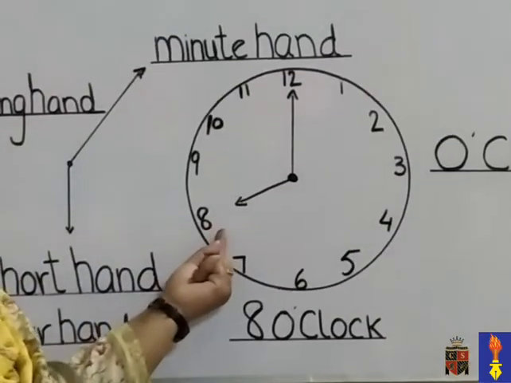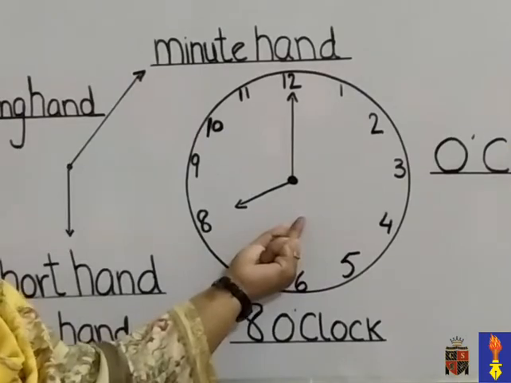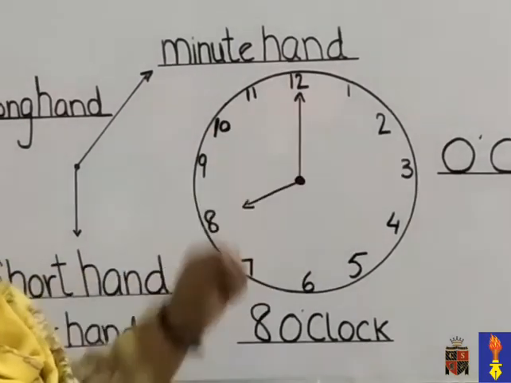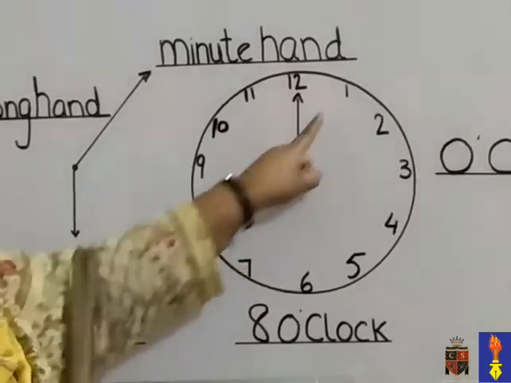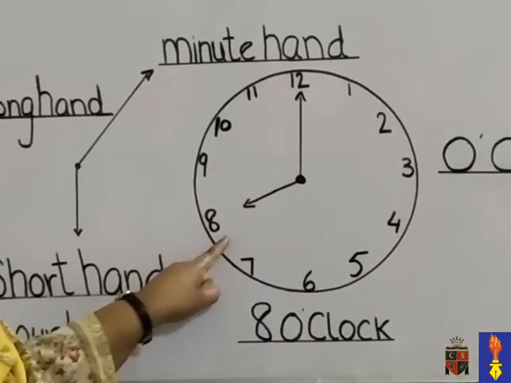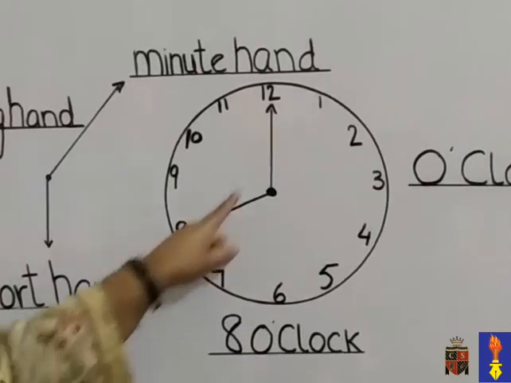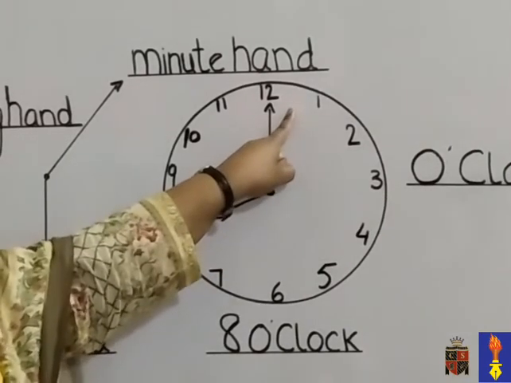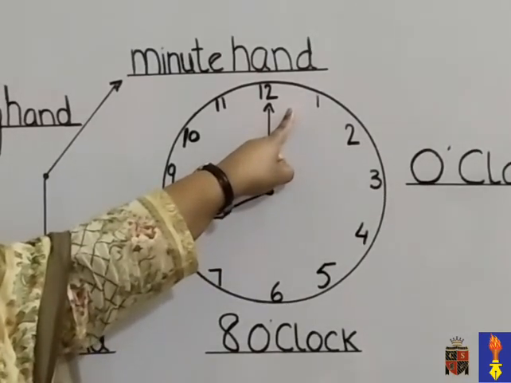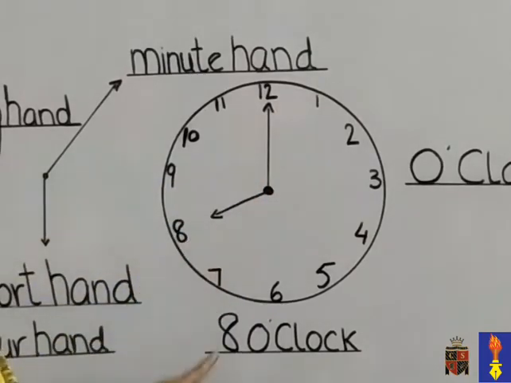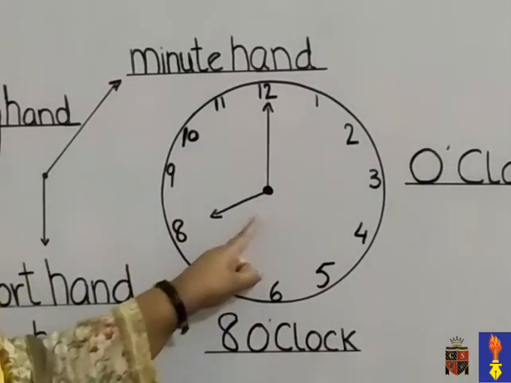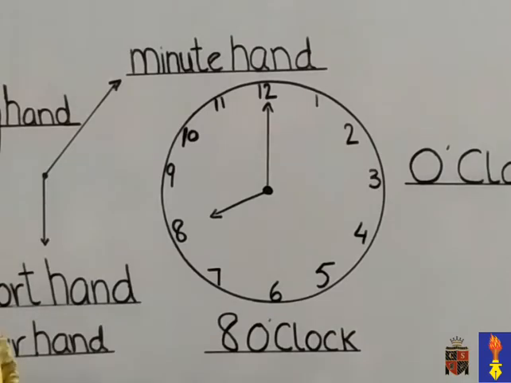So this clock shows 8 o'clock. The short hand is on 8 and the long hand is on 12. 12 is called o'clock. So that is 8 o'clock.